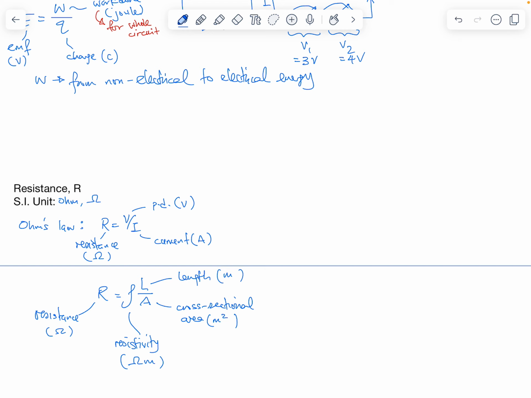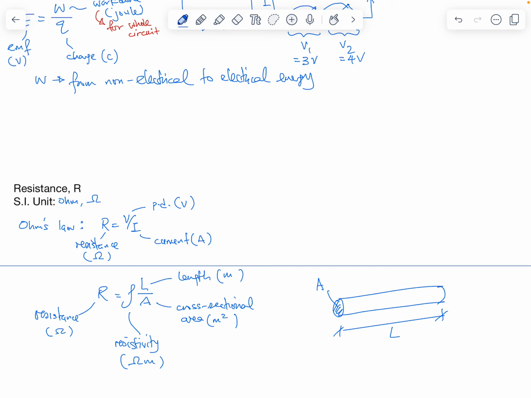So this formula tells us that the resistance of a conductor depends on a few things. First, the length. The longer the length, the larger the resistance this piece of device provides. So L is proportional to R. Whereas for A, the cross-sectional area, the larger the cross-sectional area, the smaller the resistance, because it offers a bigger passageway for charges to flow.